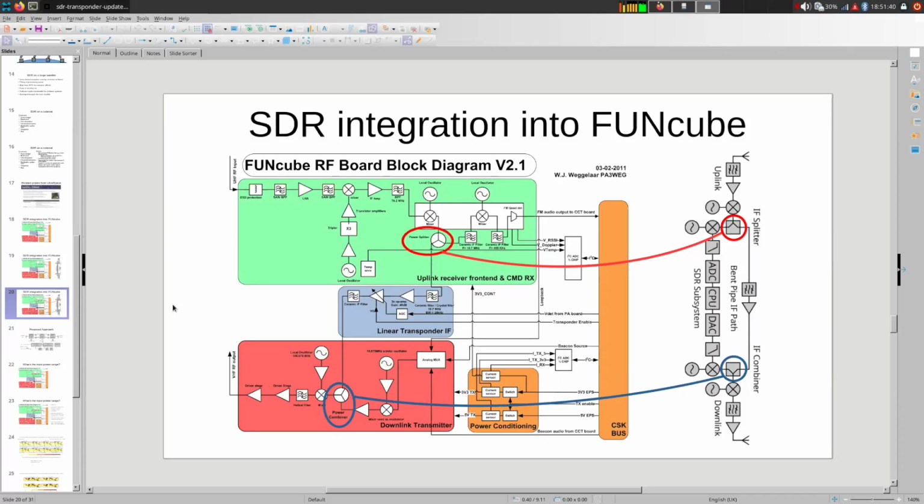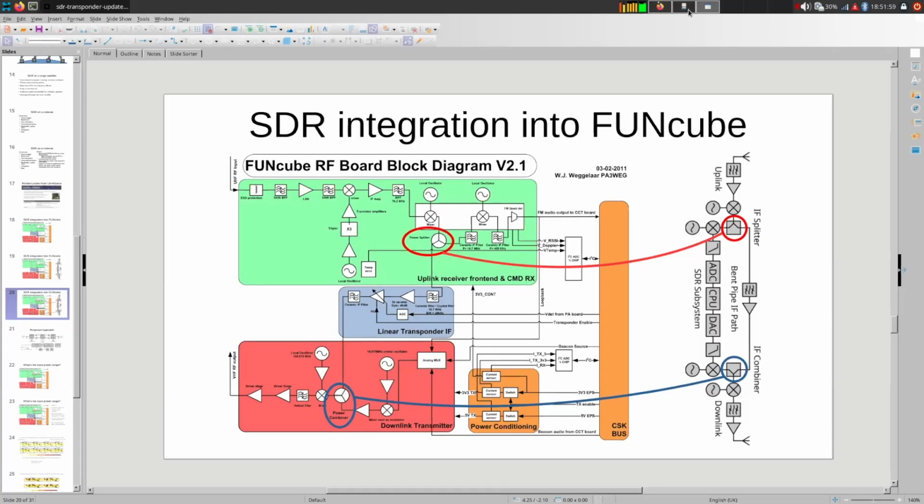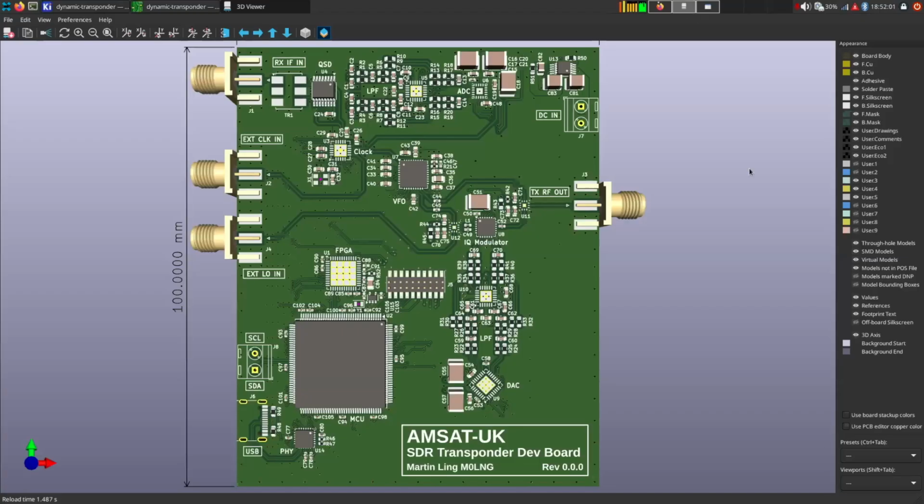And the DAC would be feeding an up converter to go up to, in this case, actually the RF frequency, to be combined with a power combiner going up to the PA stage for the downlink. So coming back to the design, on the top left is where the 10.7 megahertz IF would come in.